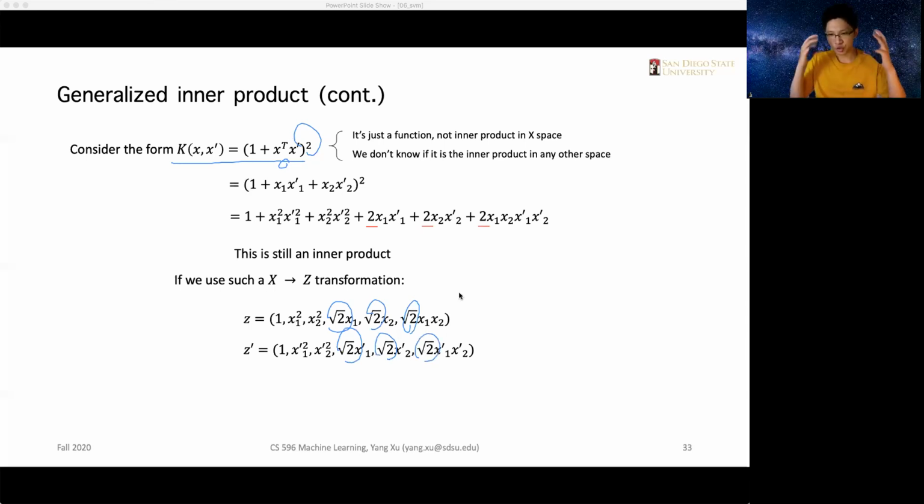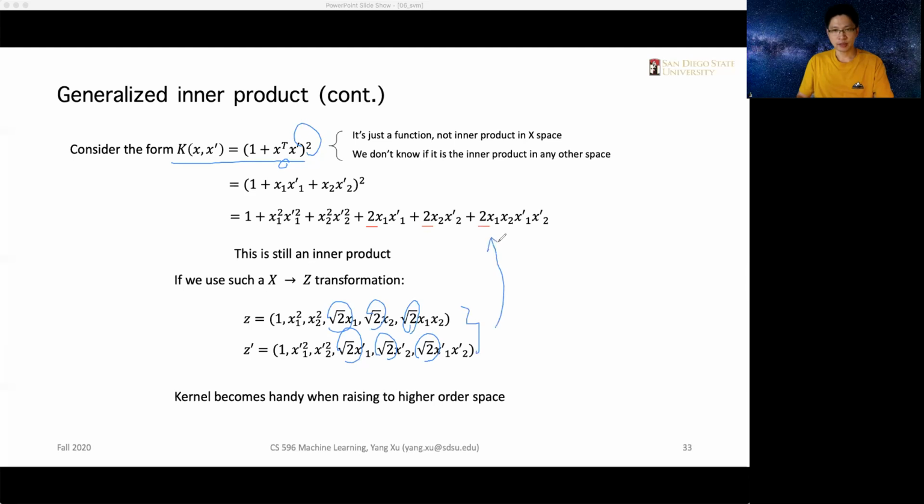That gives us Z and Z prime. And if we examine the inner product between Z and Z prime, it gives us the form of the kernel function. So this shows that for any kernel function in this quadratic form, we can think of it as an inner product between two Z vectors.